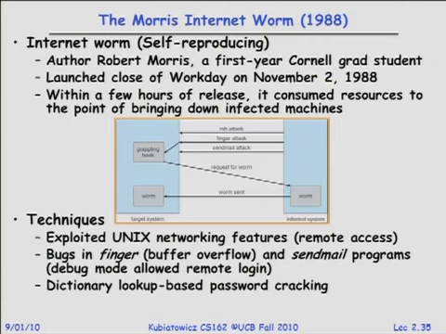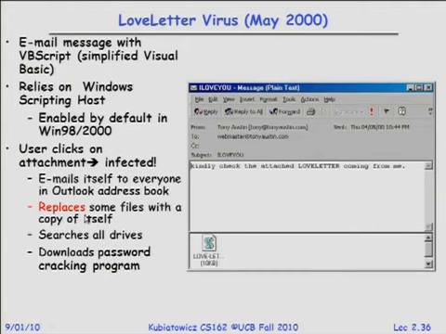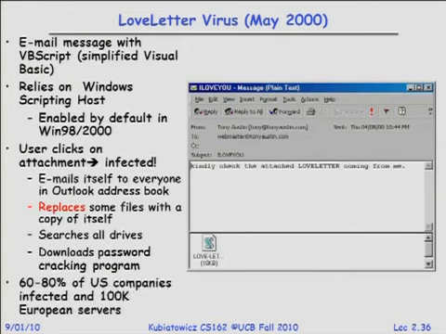It would replace files on your computer, download passwords, and so on, and crack them. 60 to 80% of U.S. companies were infected at one point. Obviously our system here was almost infected. So as you can see, once we reached 2000, suddenly we're in the mega mode of viruses. That's not to say there weren't lots of viruses prior to that, but these really took off.